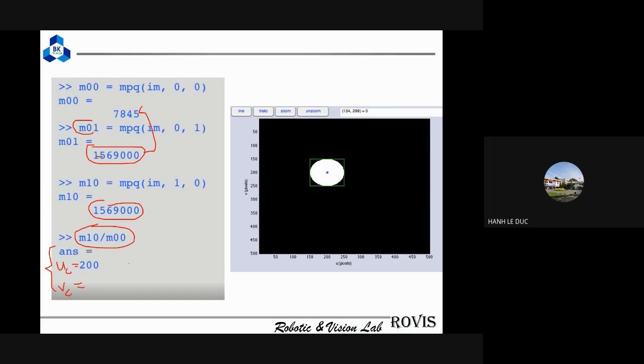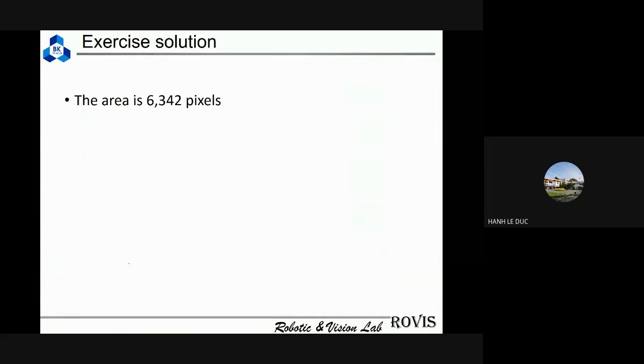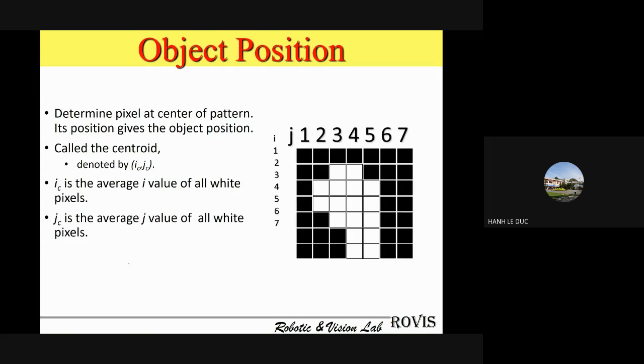Okay. So let's see the image, right? Let's see more detail. Okay. So for example in your exercise or in your test, I give you this image. So what is the centroid of this?